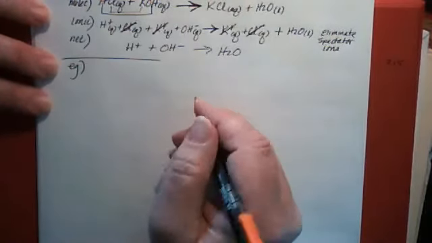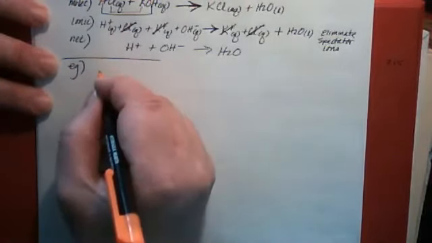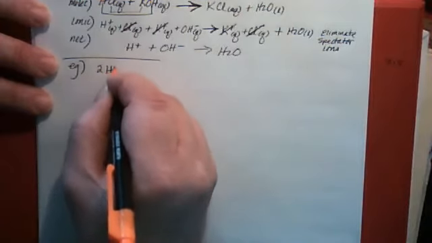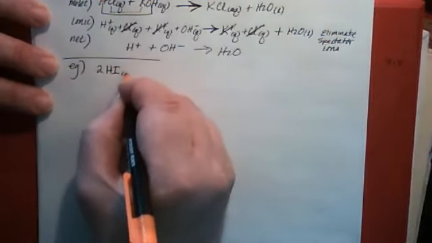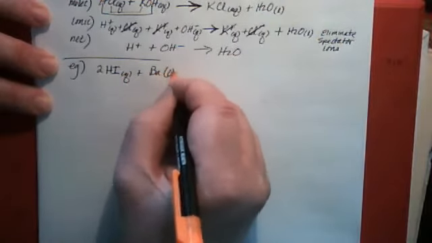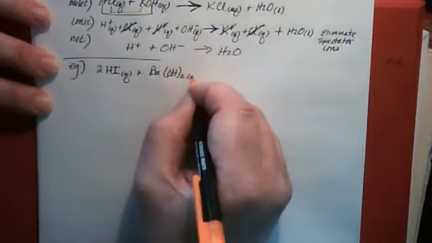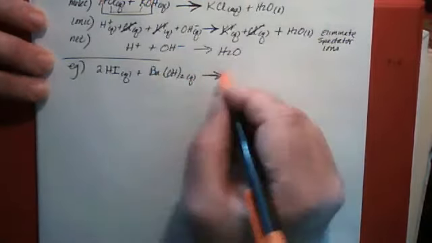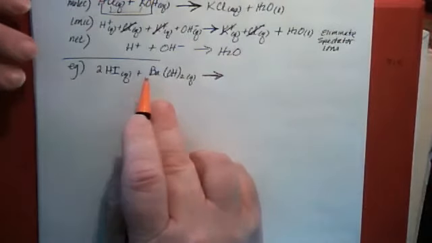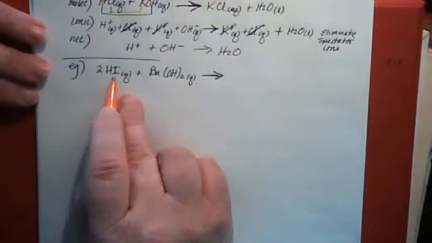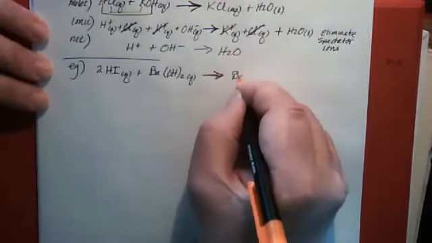Another useful example would be what happens when you mix a strong acid, like hydroiodic acid, with a weak base, like barium hydroxide. You will get, again, a sort of mixing and matching of the positive and negative ions. You will get barium iodide as one of the products.